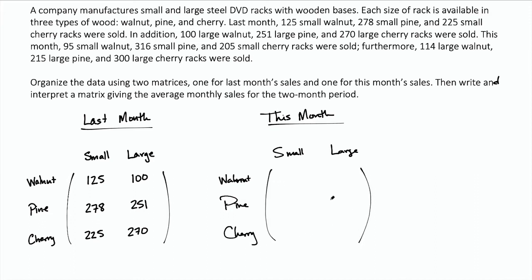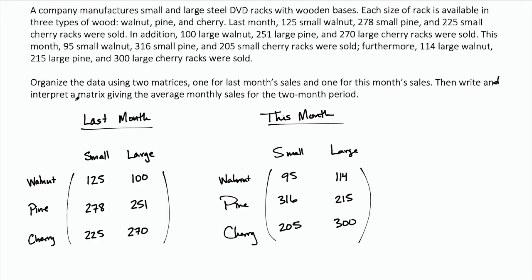And we have those numbers here as well this month. 95 small walnut, 316 small pine, and 205 small cherry racks were sold, and 114 large walnut, 215 large pine, and 300 large cherry were sold. So this matrix represents this month's sales. So that's our organization into the 2 matrices.